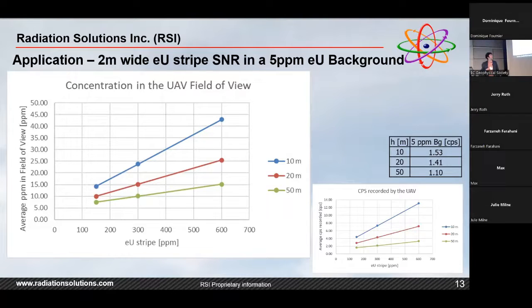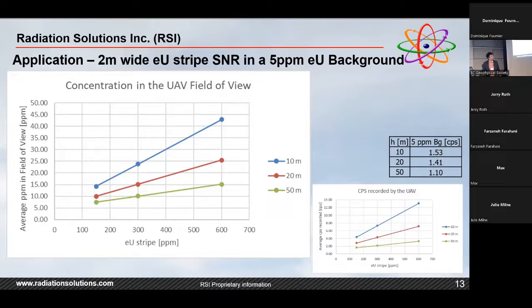And of course, the lower you fly, the higher the ppm you're going to see. It's not a lot you're looking at really when looking at a big area. So you better fly as low as possible if you want to find very small spatial veins or even hotspots.